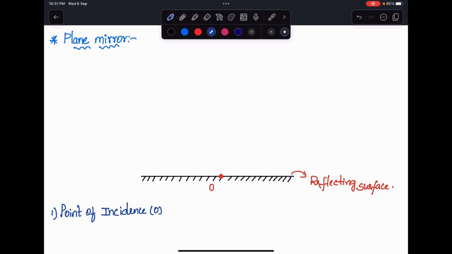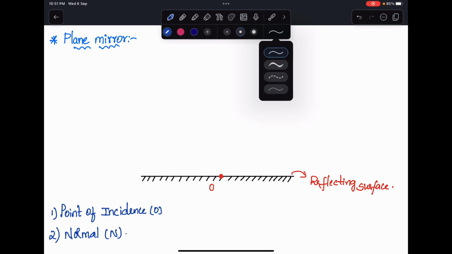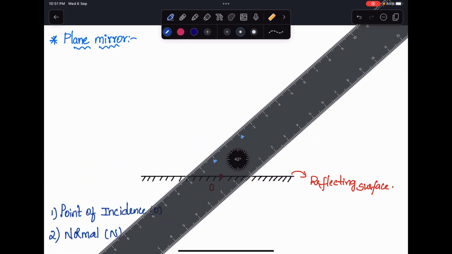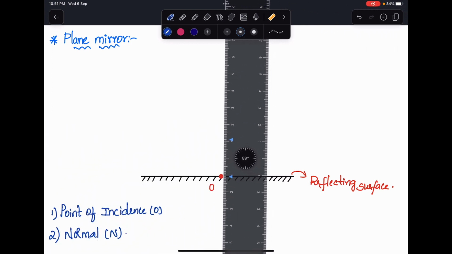Next, the second term is normal. What do you mean by normal, sir? Let us see the normal here. I draw a perpendicular line. Where will you draw it, sir?